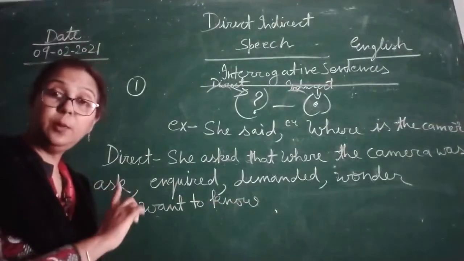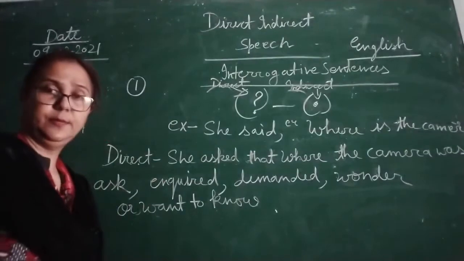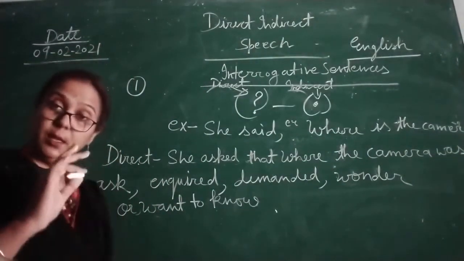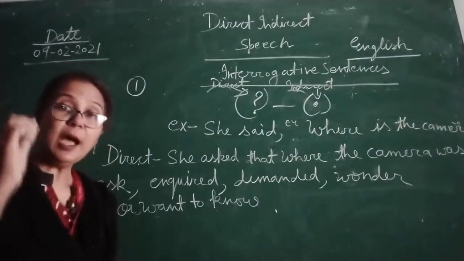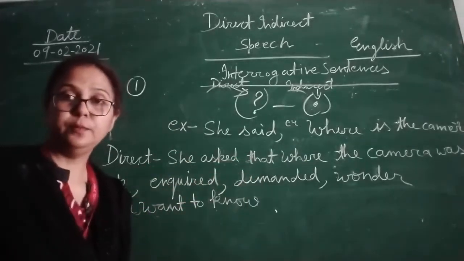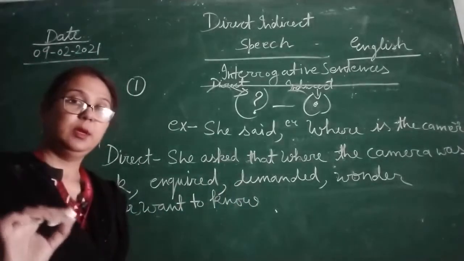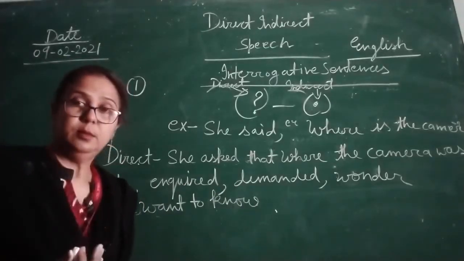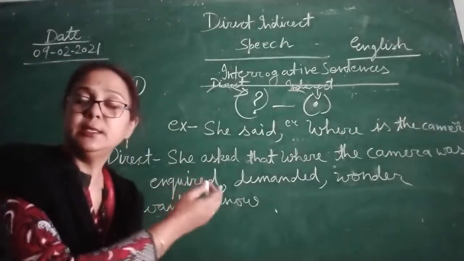We can use these in the reporting verb in place of said. It depends on the mood of the sentence. That is very important, because you are a language student, so you have to learn what the sentence is telling you. If you are reading direct speech, you should pay attention to which type of mood you are seeing in the sentence.